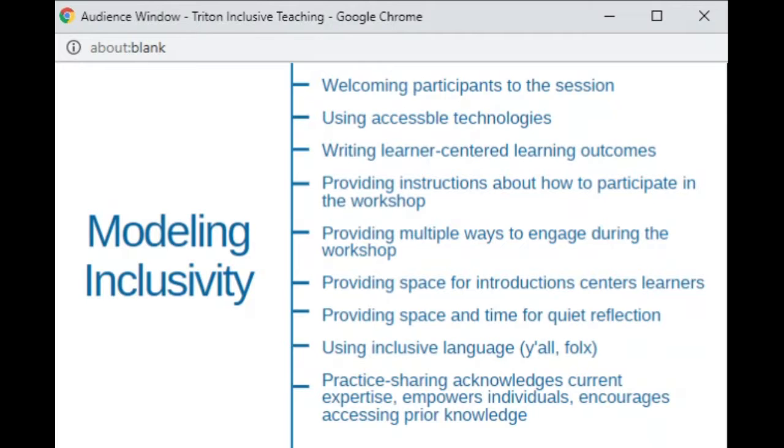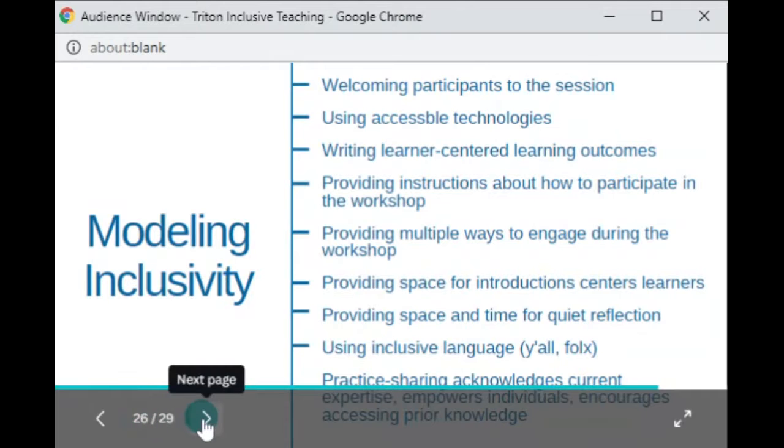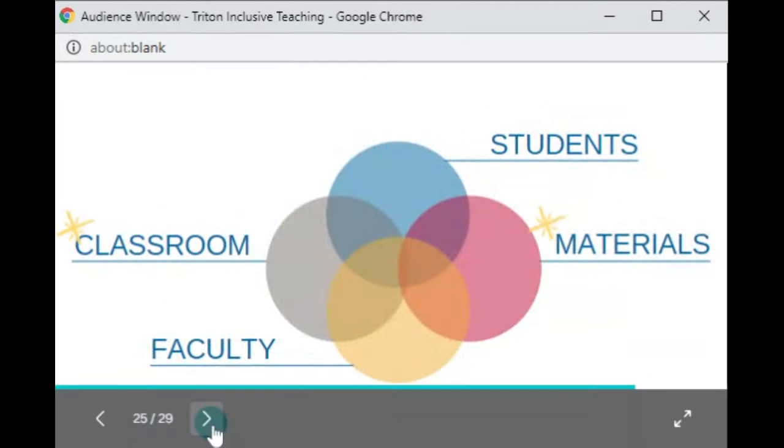And it also encourages accessing prior knowledge, which we know is a really important skill, not only for our students, but for us. I know that my recall, especially over the last 2 years, has really dropped off dramatically. So being able to access prior knowledge is critical to making sure I'm still able to have these moments of synthesis. So all of those things are things that we did during this, and they were intentional, but not hard to do.